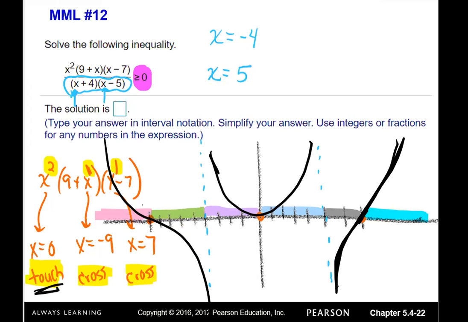Okay, so above, I'm going to highlight the graph. All of this is above. All of this is above. And all of this is above. And those intervals were the light pink, the purple, and the blue.